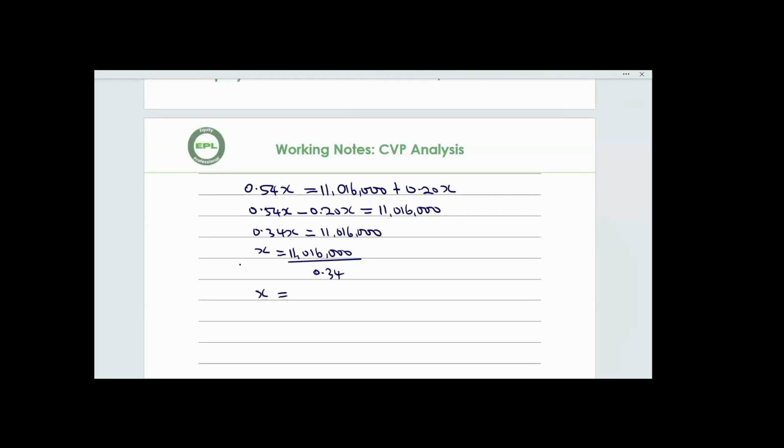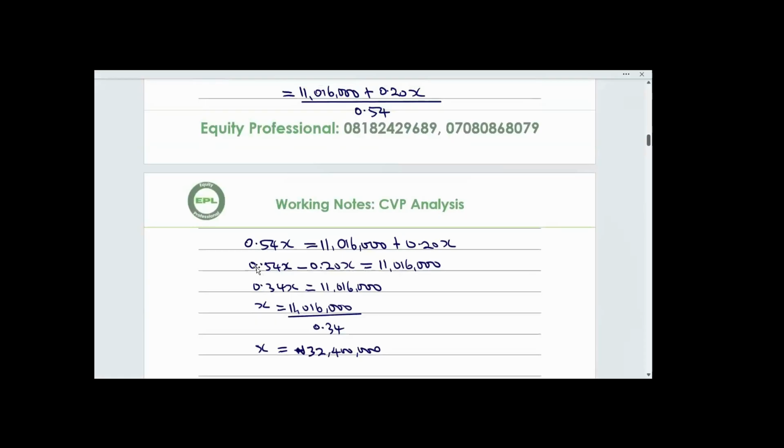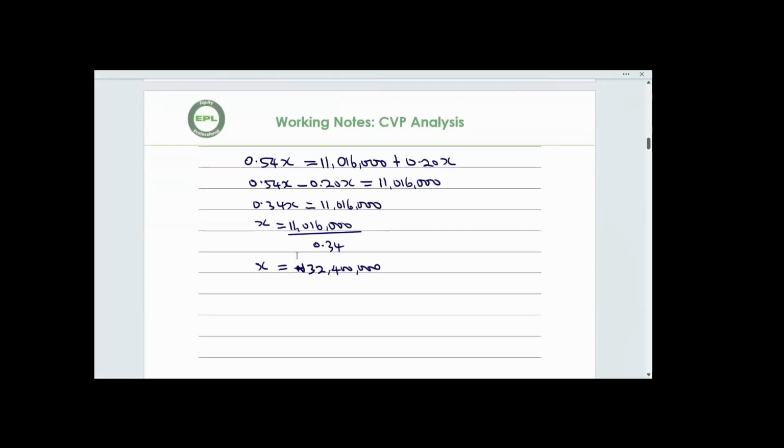Therefore, x equal to 32,400,000. That is 32.4 million. 32,400,000 is the sales revenue to achieve an after-tax rate of return of 12%.